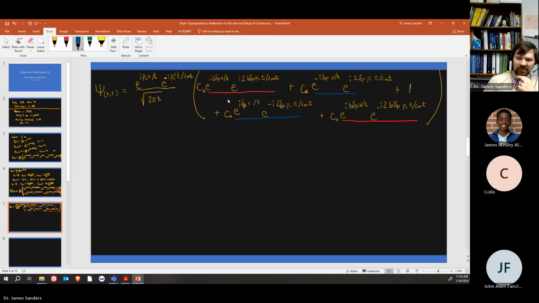Now looking at the things that are underlined in the same color: e to the minus i, e to the plus i, e to the plus i, e to the minus i. We're adding them together, so that looks suspiciously like we have a cosine term. And in fact, you could combine them by doing like this.